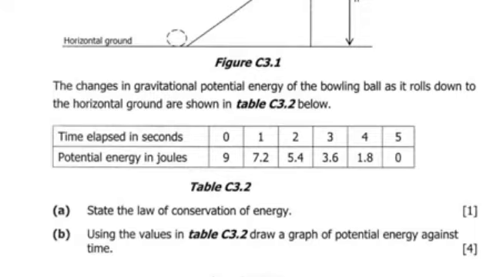Question C3A says, state the law of energy conservation. It's 1 mark, meaning you shouldn't write something very big. We know that we've got different types of energy: solar energy, hydroelectric power energy, nuclear energy.